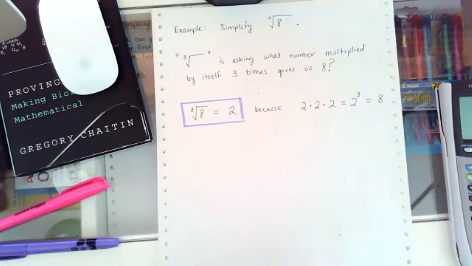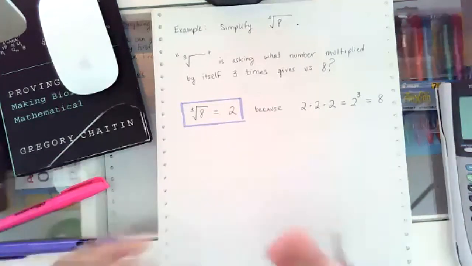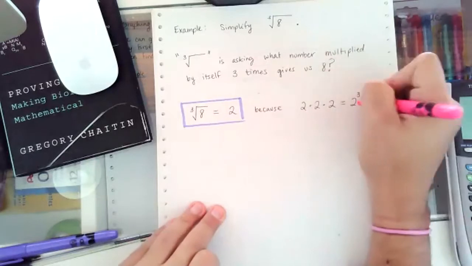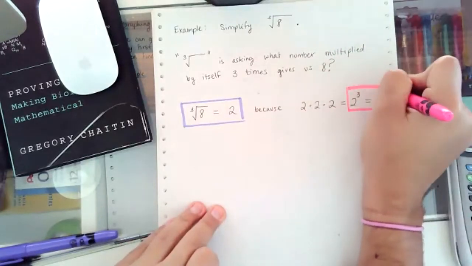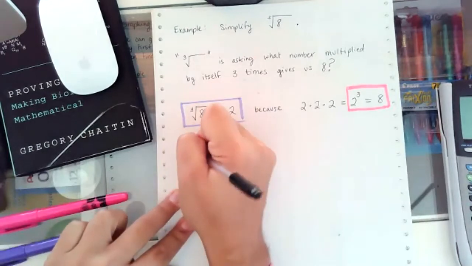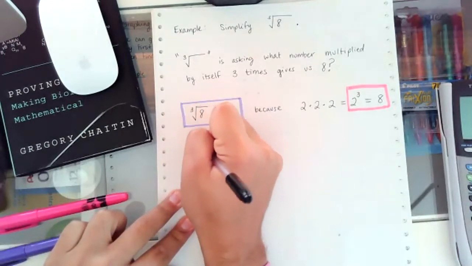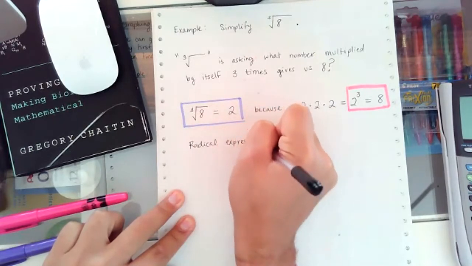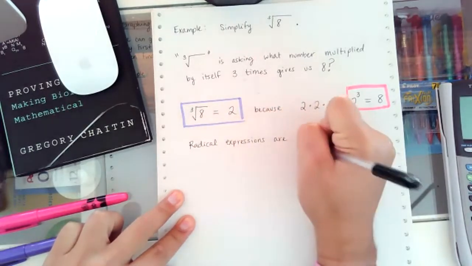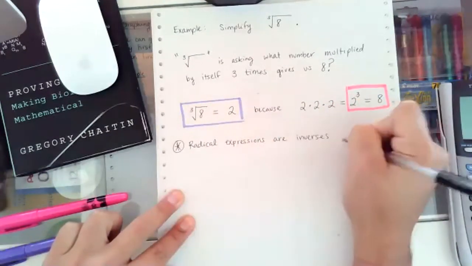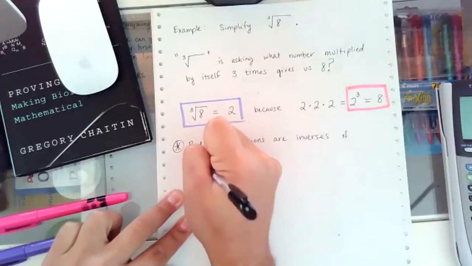So here we have an important idea. Let me go ahead and box that in. And the idea here is that radical expressions are inverses of exponents.